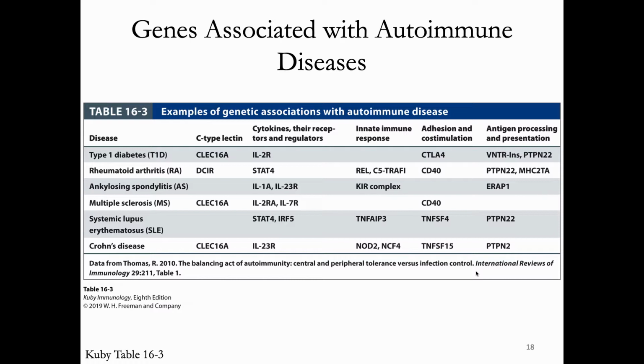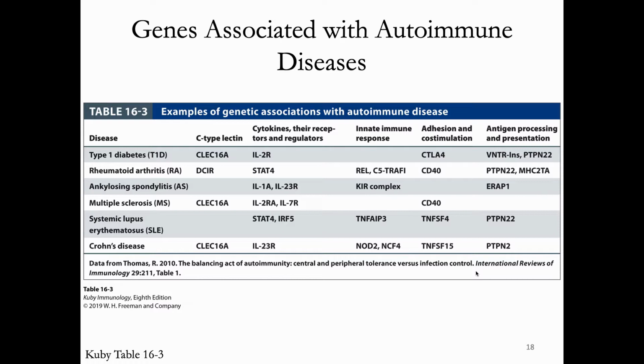Again, that is going to change how your T cells get turned on. That makes sense that that could be involved with autoimmunity. You can see that there are a lot of genes involved in cytokine receptors or cytokines, so it could change how much of a particular cytokine or cytokine receptor you have. And you can imagine that really changing your immune responses. There are also C-type lectins, which are a type of innate immune protein, as well as other types of innate immune proteins. And so there are a number of different genes that are associated with autoimmune diseases, and they all kind of make sense.